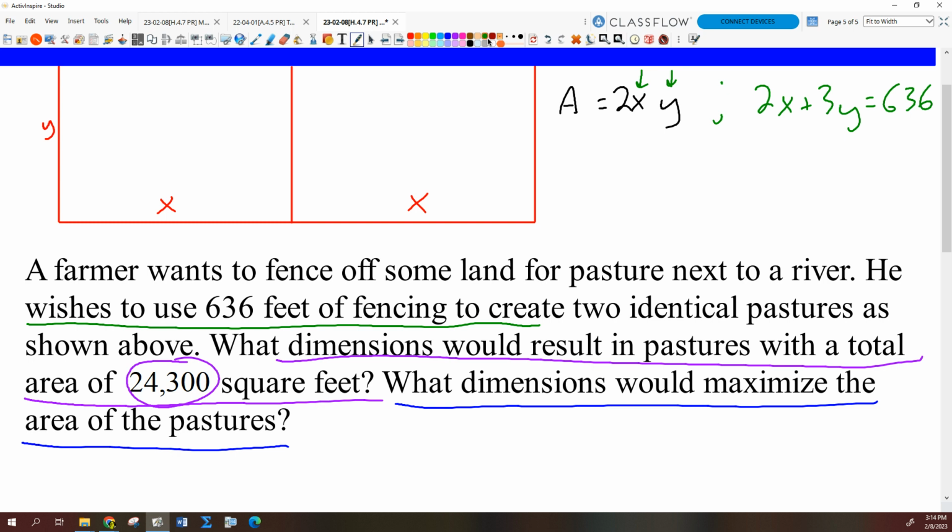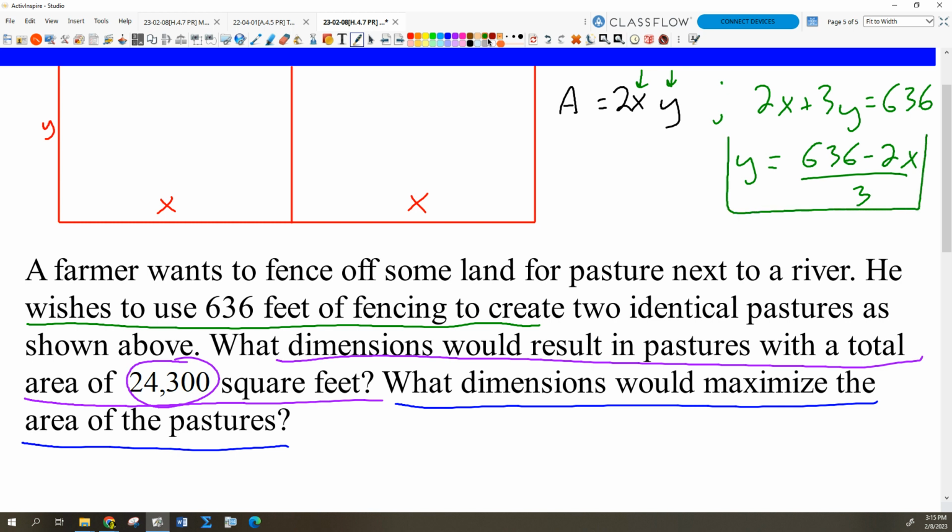Okay, so now I could solve for either one of those variables and substitute. Let's just say arbitrarily, for some reason, I wanted my area function to be a function of x. So I want to eliminate the y. Which variable would I solve for or isolate in the green equation? Y. Whichever variable I'm going to eliminate, that's the one I'm going to solve for and use to substitute. You get that? So if I solve for y here, I'm going to get y equals 636 minus 2x all divided by 3.